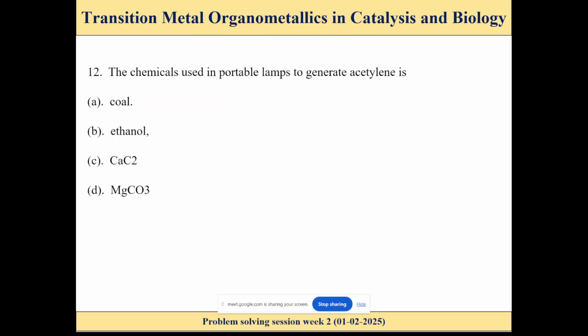The next question is: the chemical used in portable lamps to generate acetylene is? This is also a very good question for this Reppe chemistry, and everybody should know it.